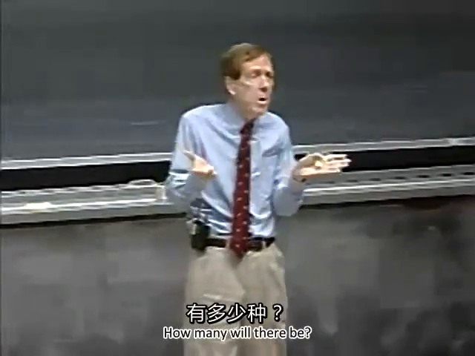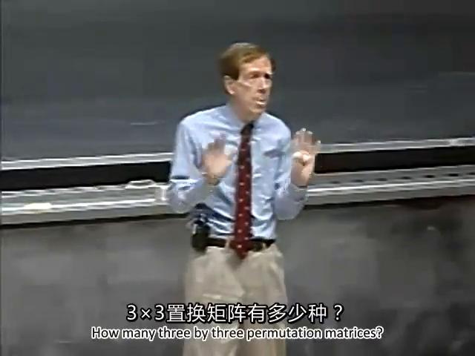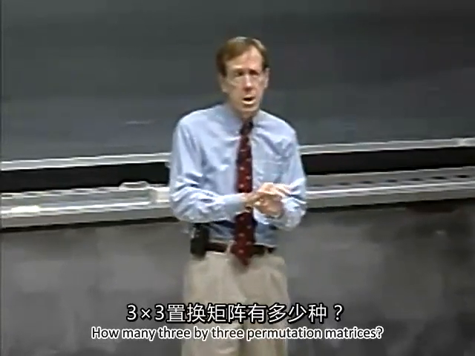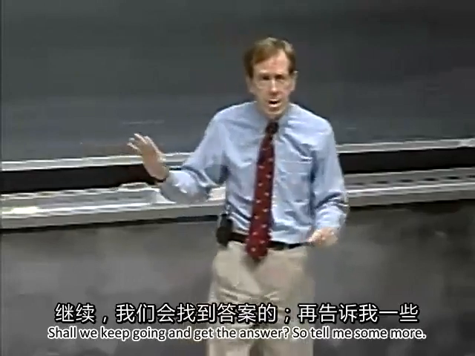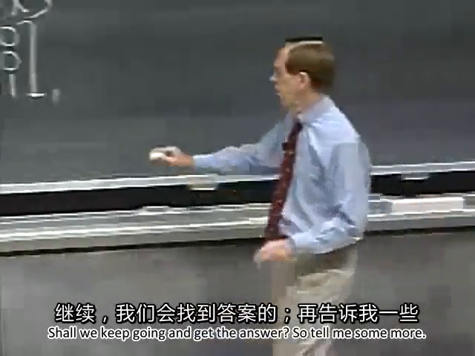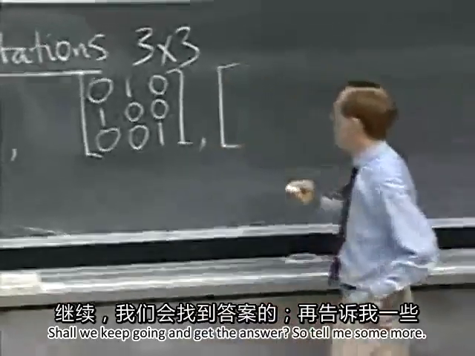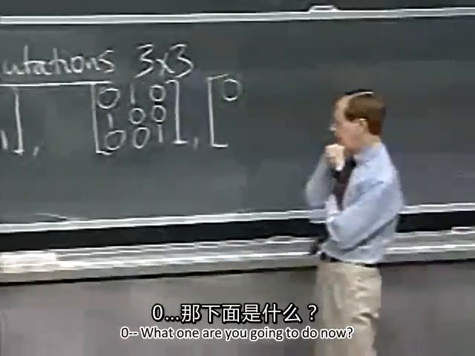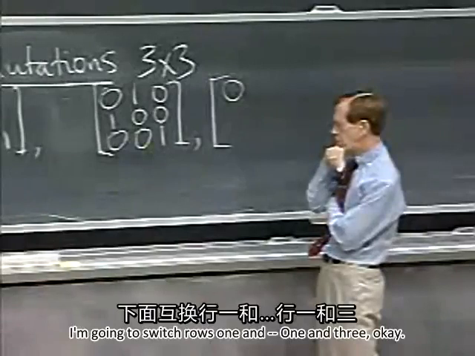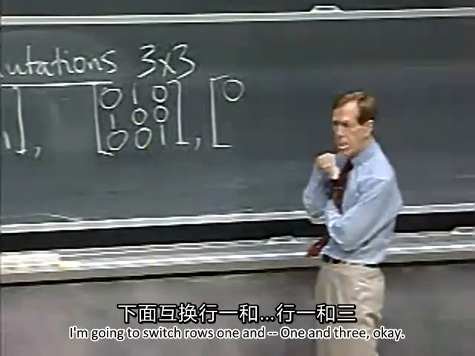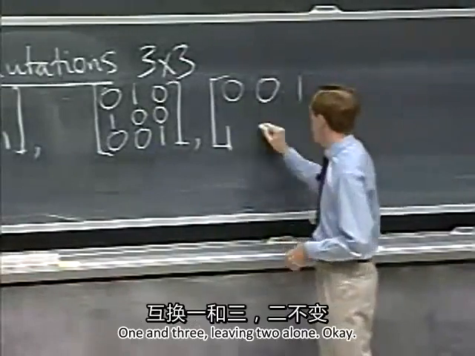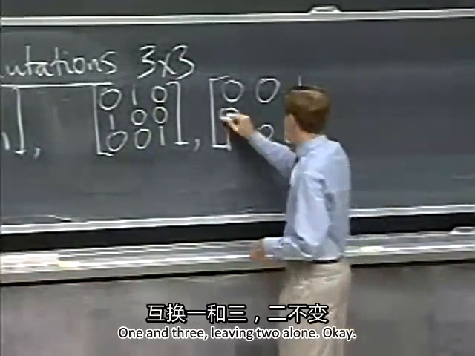How many will there be? How many 3 by 3 permutation matrices? Shall we keep going and get the answer? So tell me some more. Okay, what are you going to do now? With rows 1 and 3, okay. 1 and 3, leaving 2 alone.